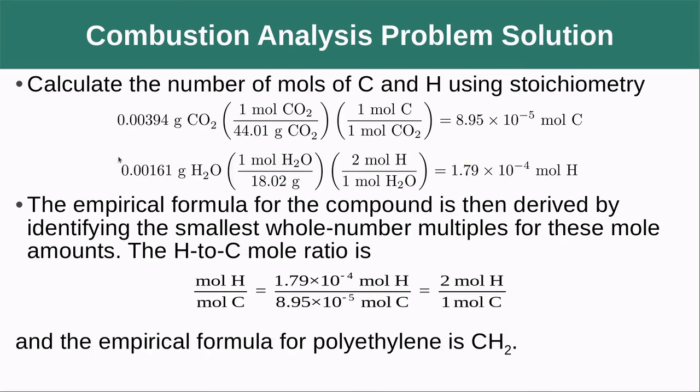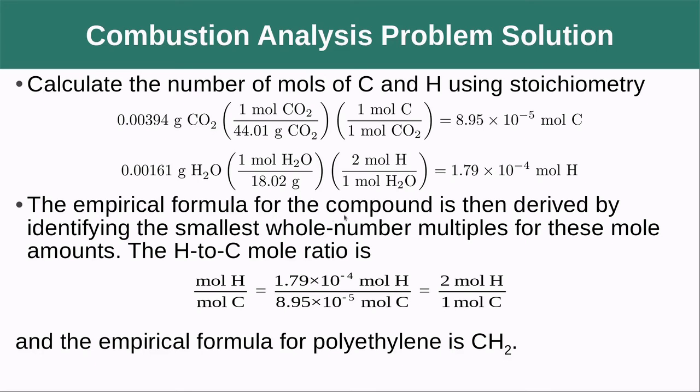We start off with our two masses. We divide each one of them by their formula masses to get the number of moles. And then we figure out how many moles of hydrogen there are and how many moles of carbon there are, based on how many atoms there are in each one of these molecules. We now have the moles of hydrogen and the moles of carbon.